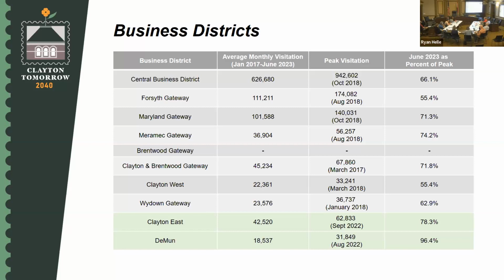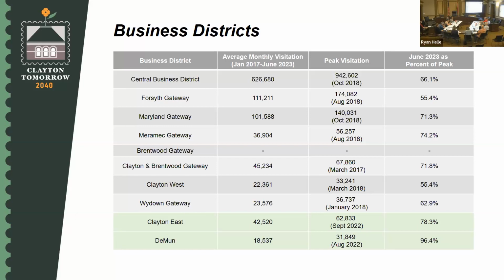So you can think about what's unique about Clayton East and Des Moines as it compares to the other ones. There's some built environment pieces. There's also other components, maybe what lifestyle is like post-pandemic, that might play into these numbers. So what do you all think about this?